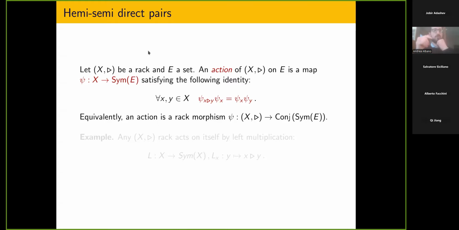So you can start from a rack and determine a twist of the rack to obtain solutions.